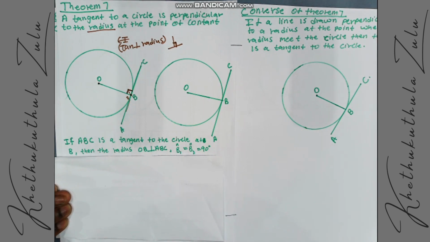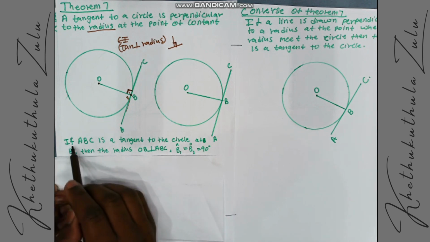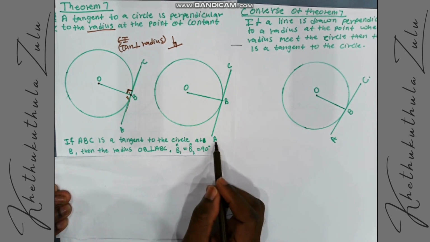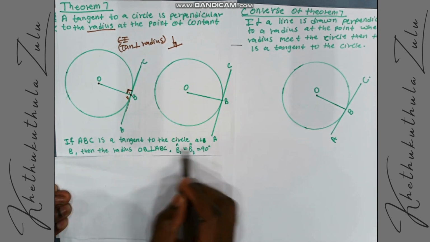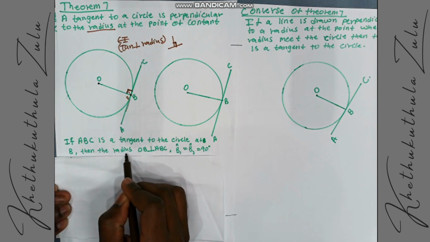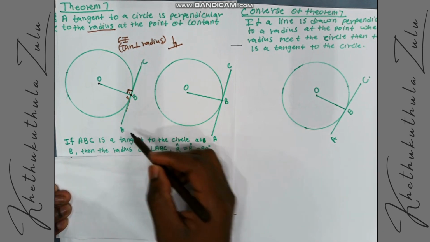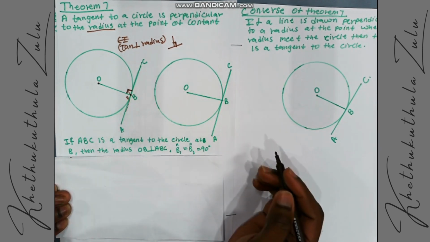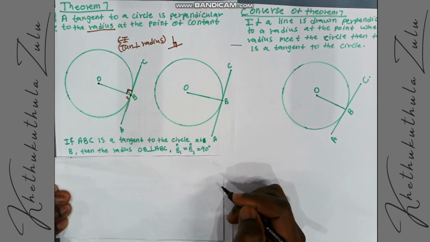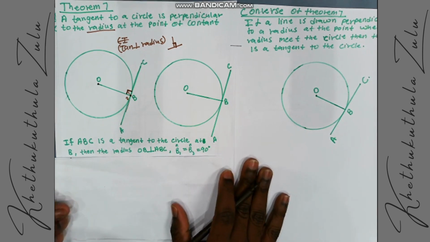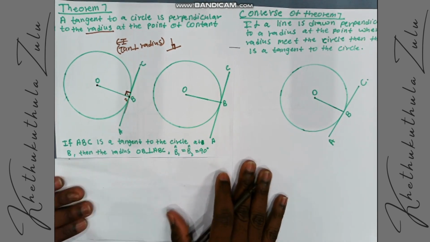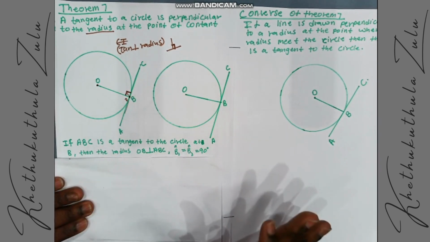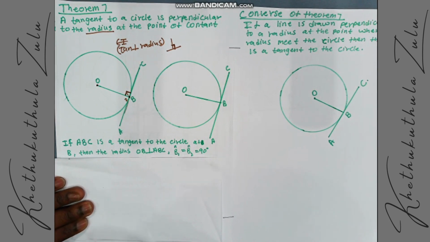So what is basically saying is that if APC is a tangent to a circle at B, then the radius OB is perpendicular to APC, then P1 and P2 are just 90 degrees. There's no need of any proof in this theorem. It's just when we have a radius and a tangent, P1 and P2 are 90 degrees, tan perpendicular radius.